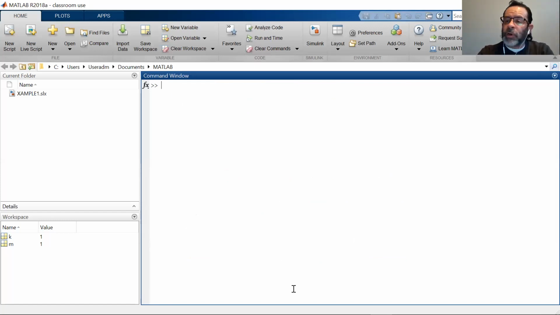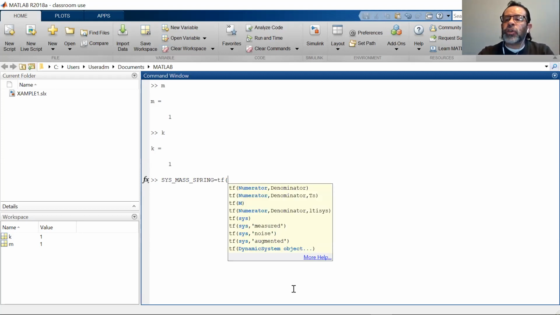And so what I'm going to do is define a variable. And again, M is still here and K is here also. I'm going to define a variable, and this is just one I'm inventing, that I'm going to call sys. Sys, I'm going to make it long, sys mass spring. And that variable is going to have the transfer function I'm going to define. So sys mass spring is going to be equal to TF, which is a transfer function. And I'm going to define the numerator.